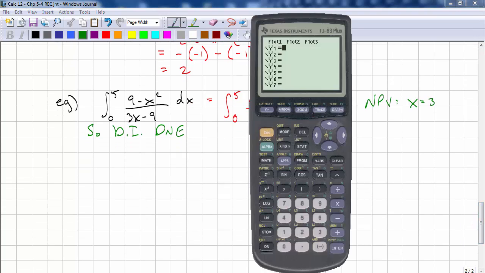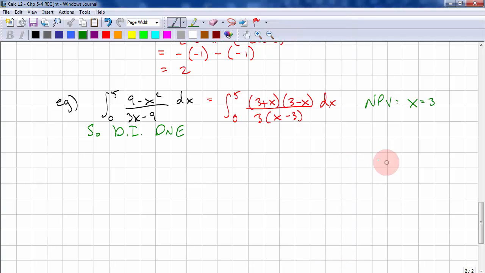So we have to be careful. If we plug this in on our calculator and ask it to compute the integral, it will be happy to compute the integral for you and not say that it does not exist.